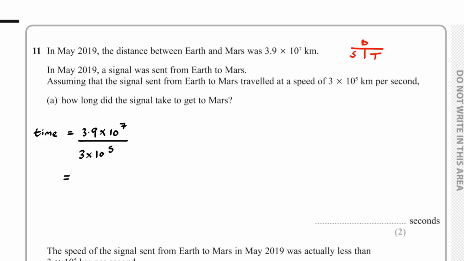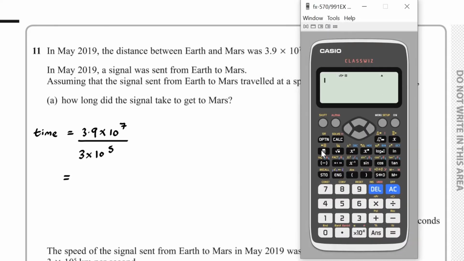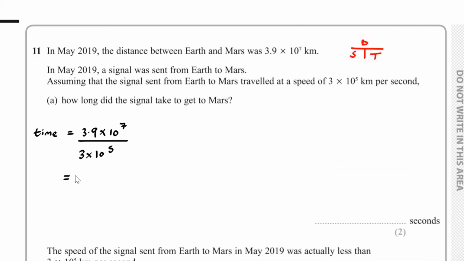So the time, therefore, in seconds, we have 3.9 times 10 to the 7 divided by 3 times by 10 to the 5, which is 130. So we have 130 seconds.